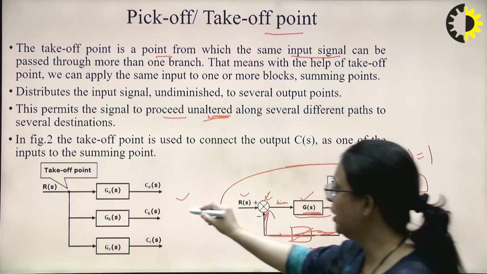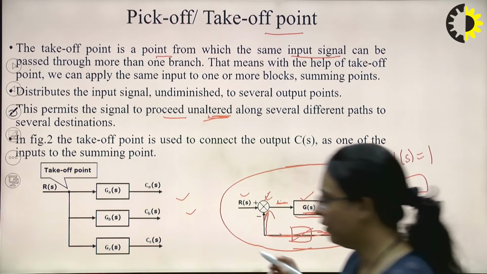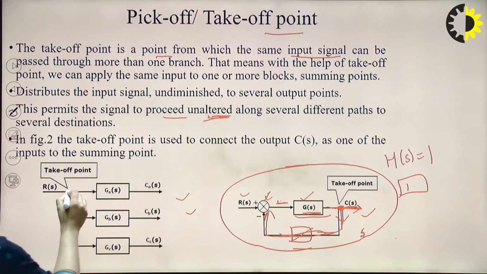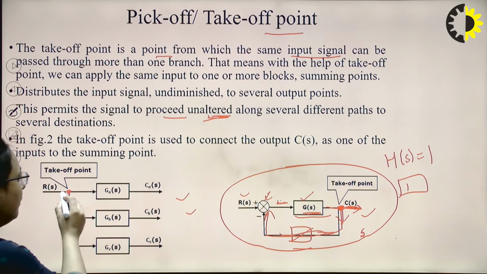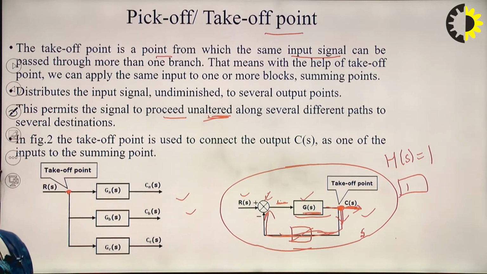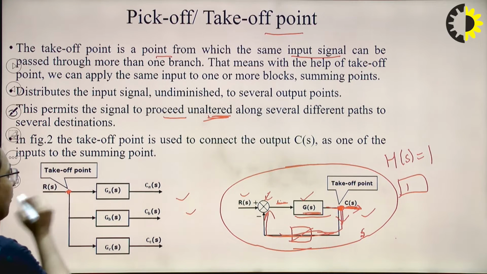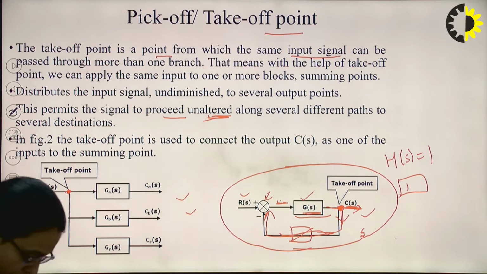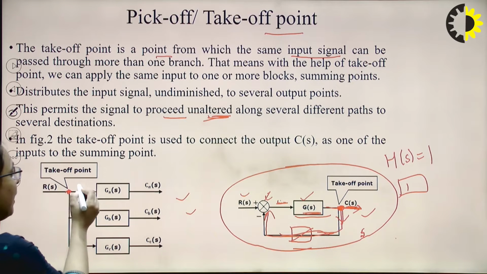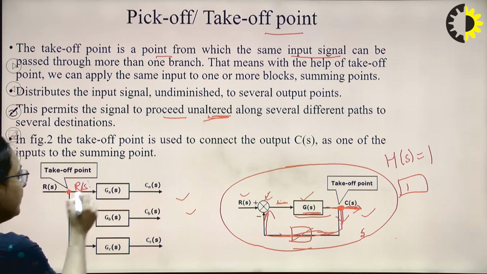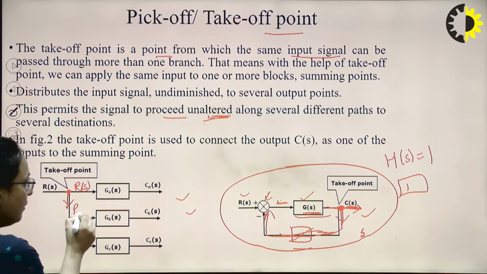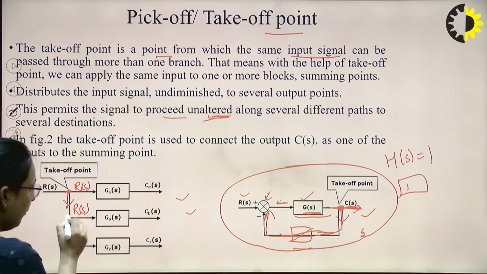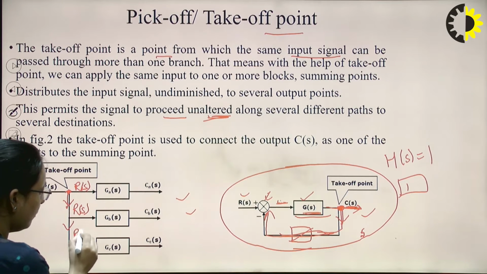Here you can see in this figure, this is the takeoff point. This R(s) is provided to all the 3 blocks with the help of this point, from the same node. This R(s) goes here, the same signal, that means R(s) goes here without any alteration, and it goes here, so R(s).